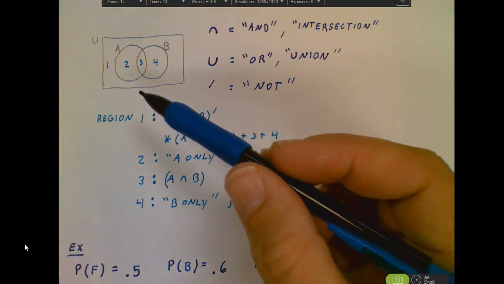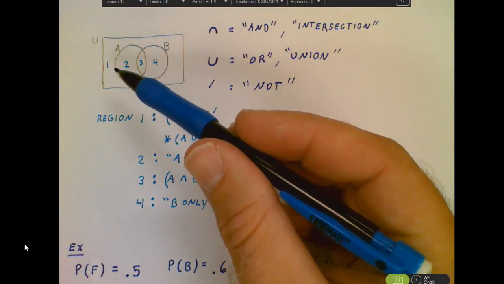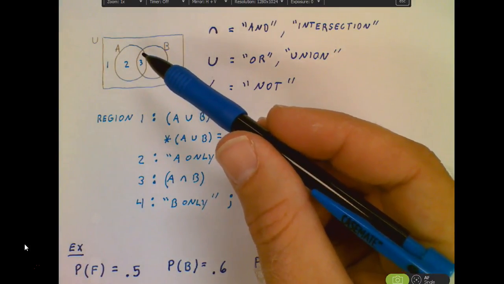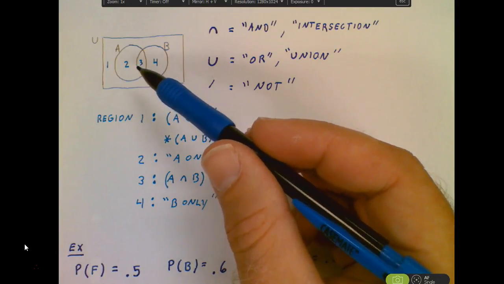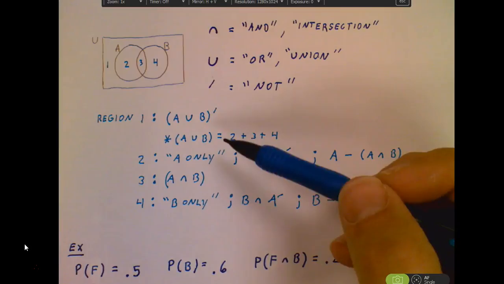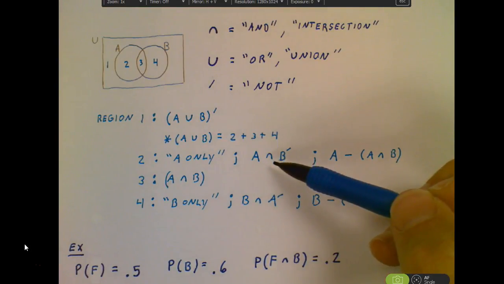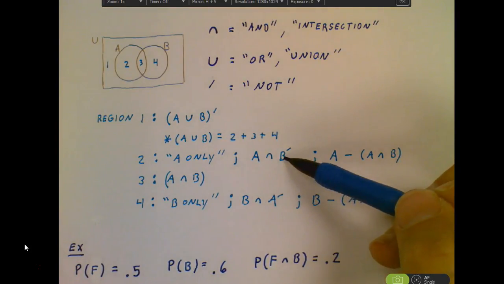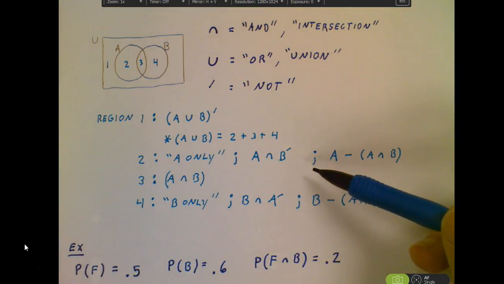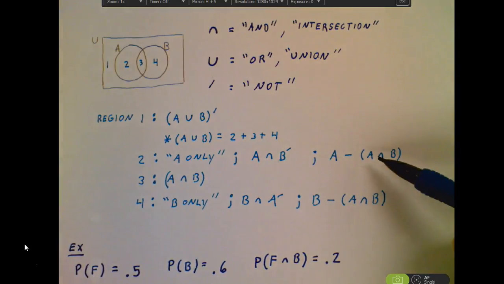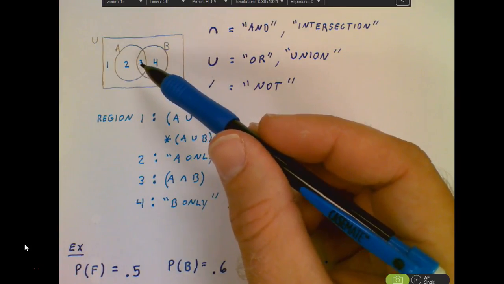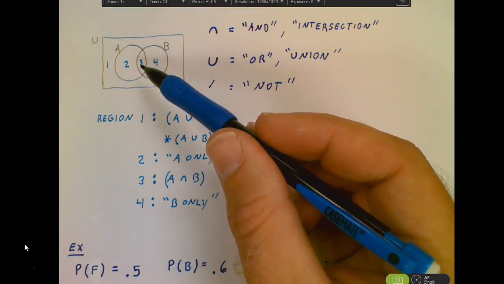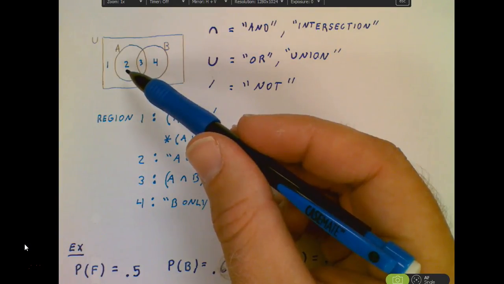So it's the things that are in event A. Remember, this entire circle is all of event A, but these numbers right here would be the things that are in A, but not in event B. Here's the way that you'd see that with notation, the things that are in A and not B. To get it, you would take all of A and subtract out whatever A and B have in common. So in this case, it would be this whole area right here minus this area of intersection. And that would give me the things that are in event A only.